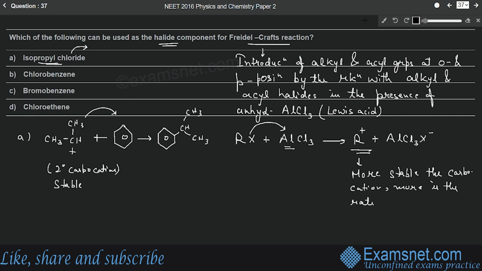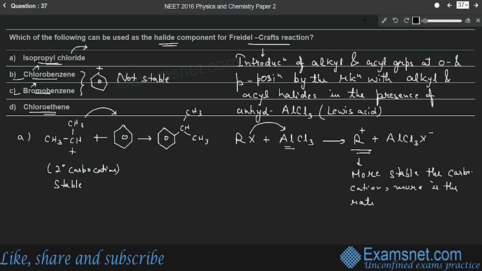You got it? Now in the other options, that means options B and C, chlorobenzene and bromobenzene are given. In these cases chlorine and bromine respectively will get removed. So the carbocation will be this benzene cation, right? But this is not a stable carbocation because of the delocalized electrons. And in the last option we have chloroethene. So what is the carbocation that we get here?